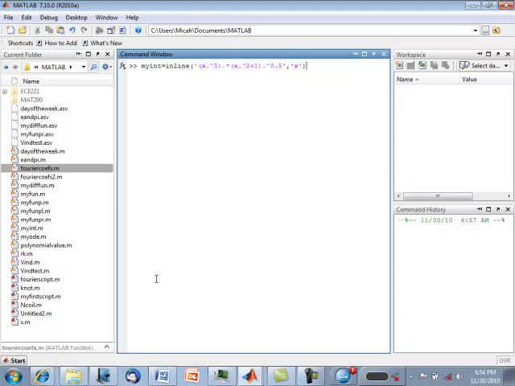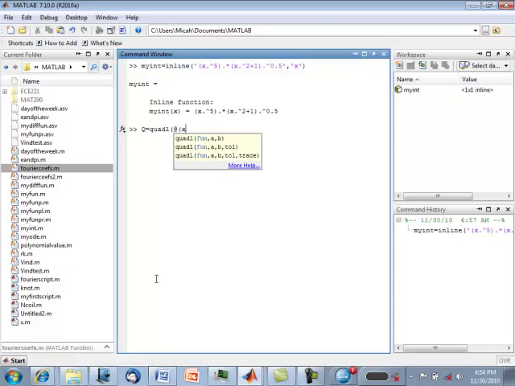So this defines this inline function. And then I can use the quadL function to call this inline function. And since it's an inline function, we will use this syntax and evaluate this from 0 to the square root of 3. And so we get this numeric answer out of it.